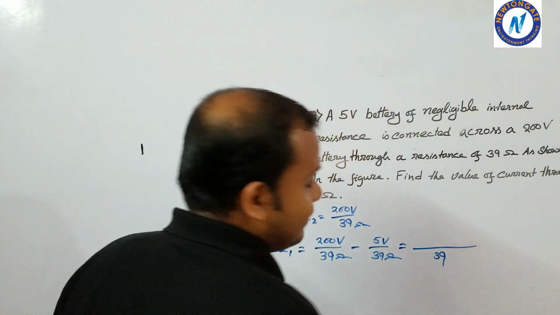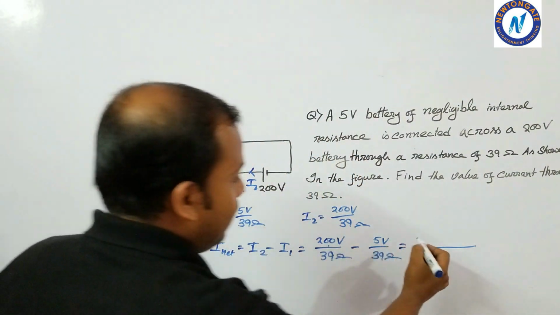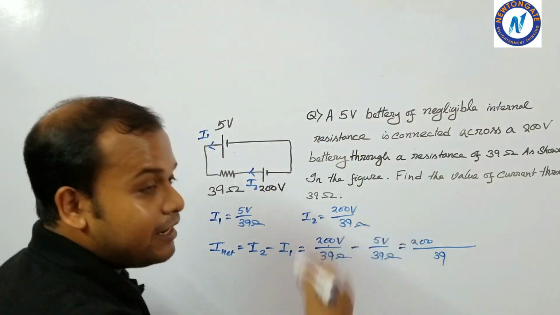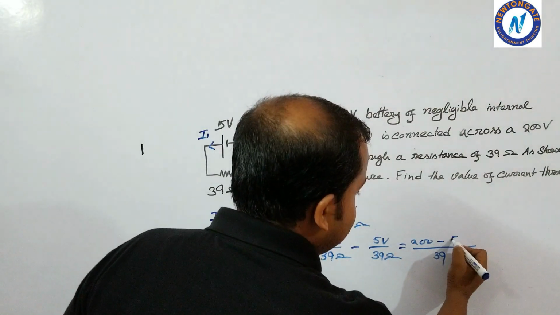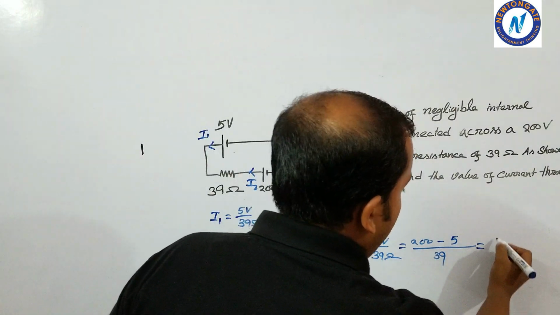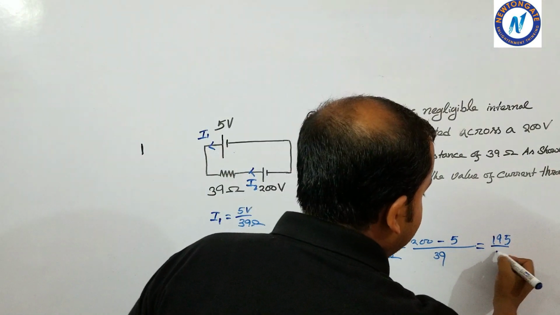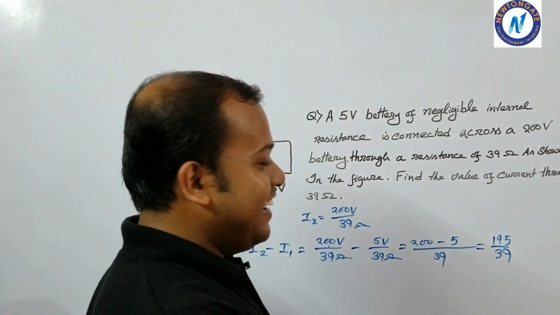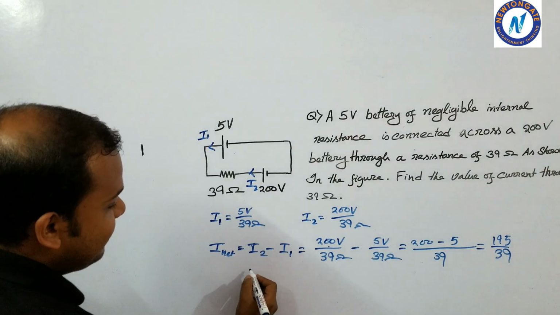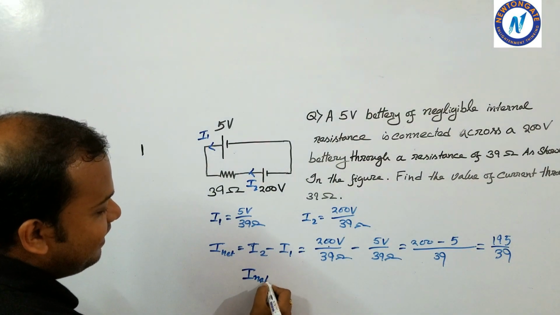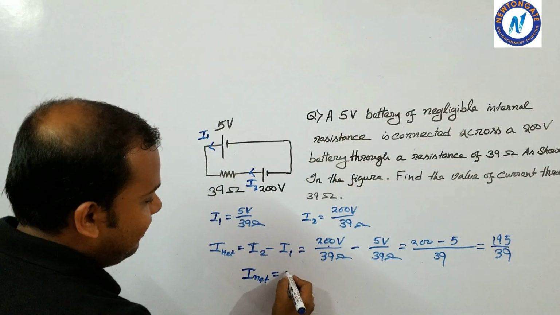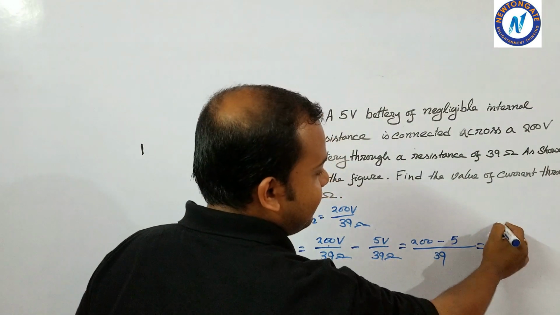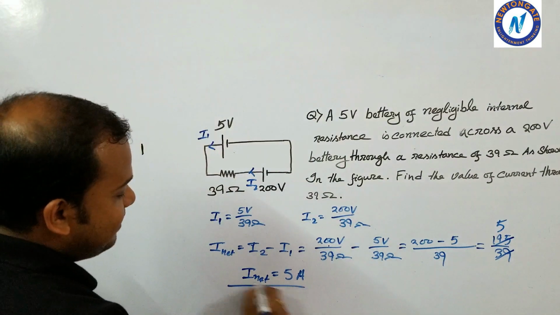So 39, and this will take 200, and this will take 5 itself because the denominator is similar. So this will be minus 5. So we have 195 divided by 39, and hence the net current I net will be 5 ampere. So the net current is 5 ampere.